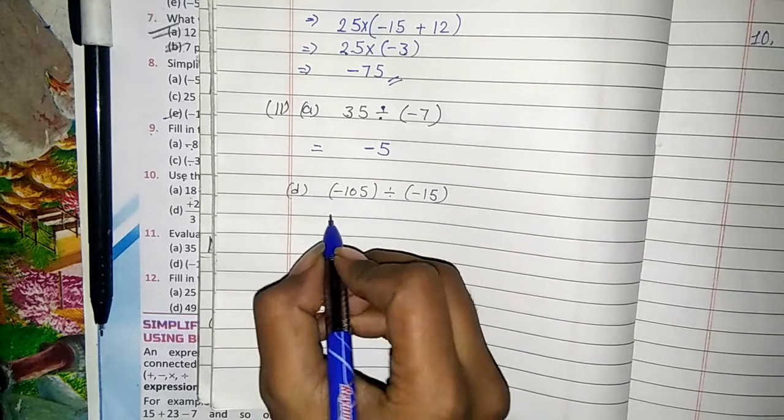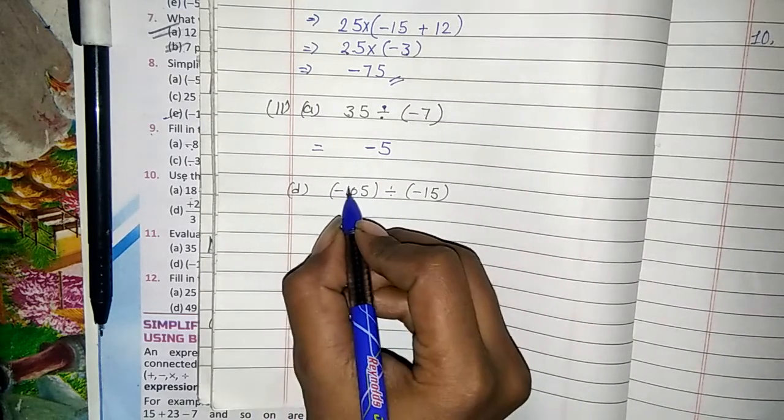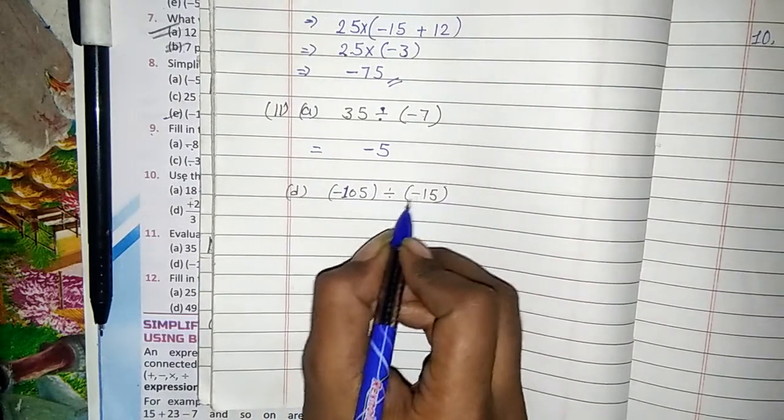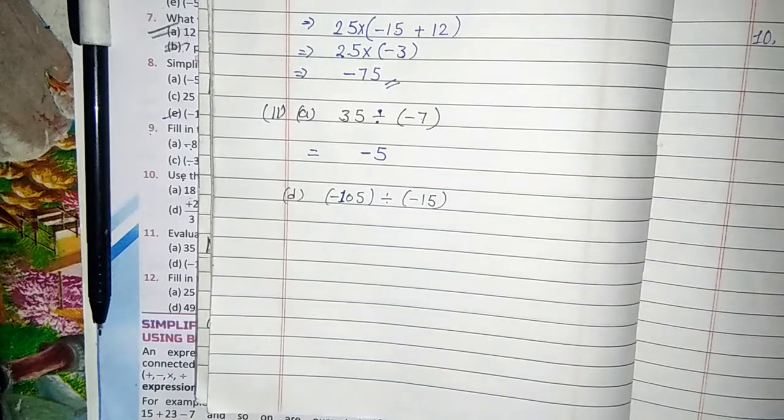Now here one more question I have copied here. Negative 105 divided by negative 15. Both number are negative.